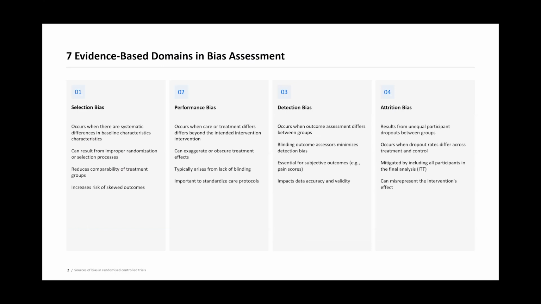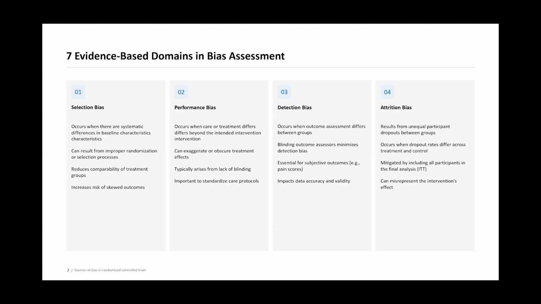It can occur when the participants or the healthcare providers know who received the treatment and who is receiving the placebo. This knowledge may lead to different behaviors, such as providing extra care or support to one group. For example, if nurses know which patients are in the experimental group and give them more attention, that could potentially affect outcomes.